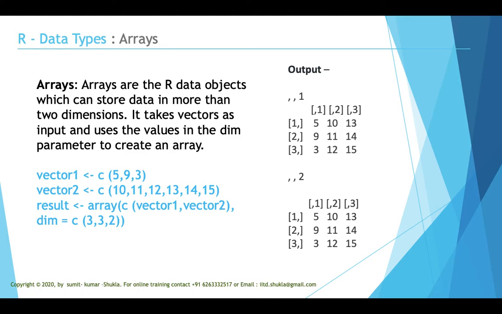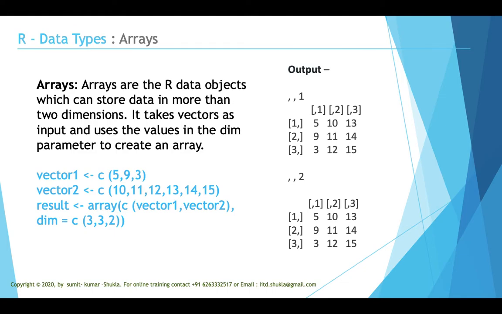So why do we actually use arrays? Because we can store data in more than 2 dimensions. We saw the matrix right there. In a matrix, we stored the data in 2 dimensions. But in case of arrays, we can store more than 2 dimensions. Very easy it is.